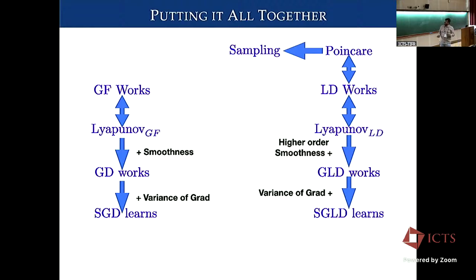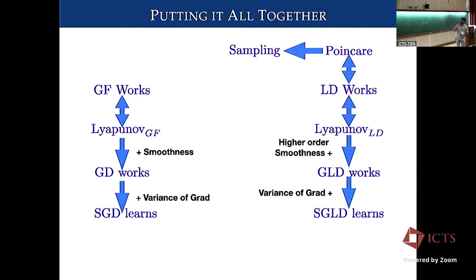Essentially, it tells us that on the deterministic side, gradient flow works if and only if such a Lyapunov function exists. And if that happens, it implies that gradient descent works. If you have additional smoothness on phi, and additional conditions on the variance of the gradients, then you also know that stochastic gradient descent works.